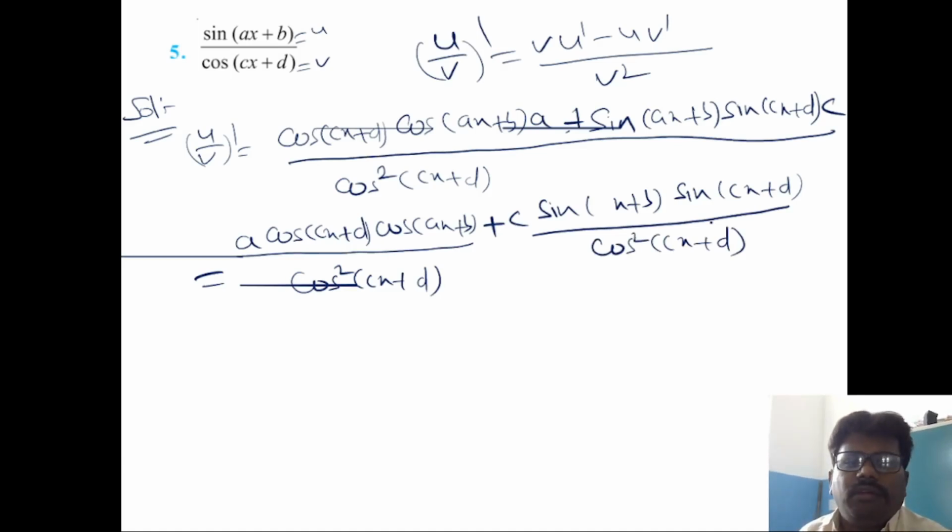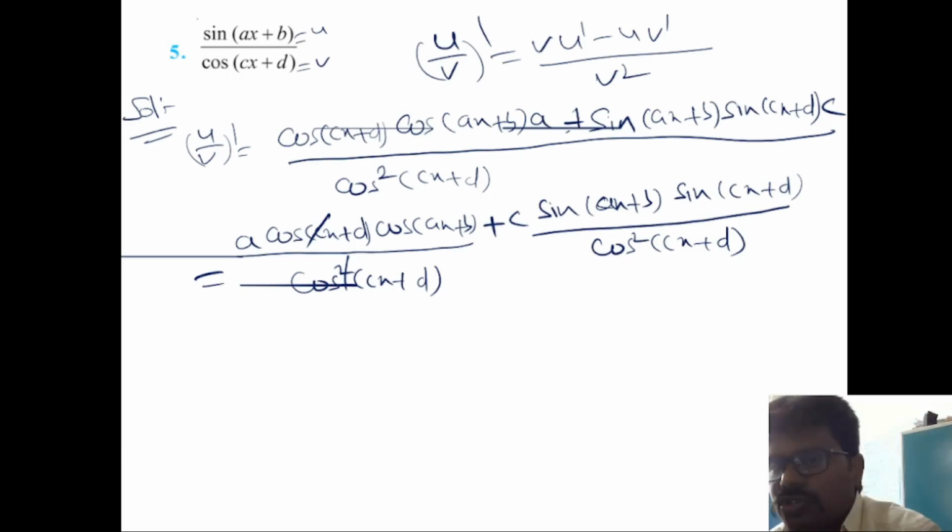Now when you look at these terms, one cos cx plus d term will get cancelled. Here we have sin cx plus d term with cos square cx plus d.